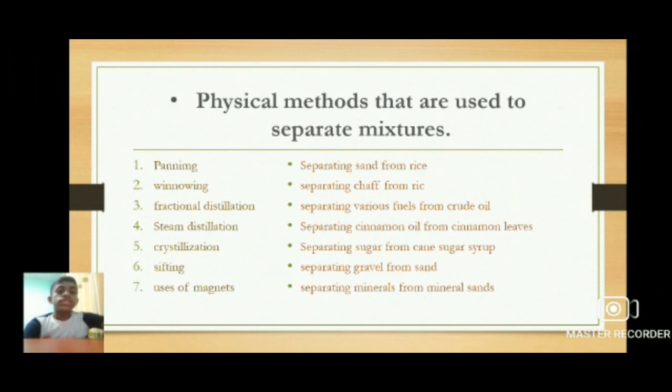Fourth one is steam distillation, that is separating cinnamon oil from cinnamon leaves. The fifth one is crystallization, that is separating sugar from cane sugar syrup. Sixth one is sifting, that is separating gravel from sand. And the last one is the use of magnets, that is separating minerals from mineral sands.